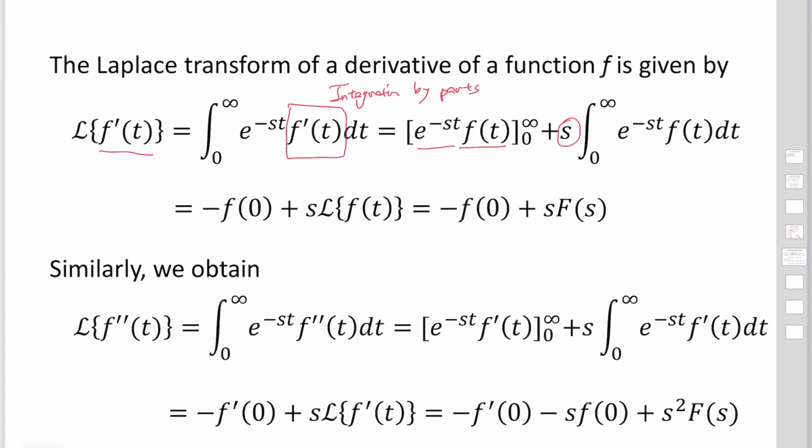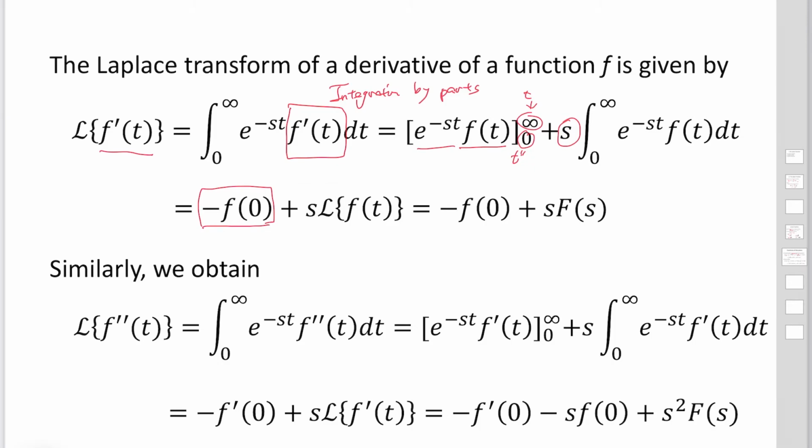And then if you substitute t equal infinity, the exponential minus st approaches 0, so it's going to be 0. If you substitute t equals 0, it becomes negative f(0). So from the first term, you have a single term of negative f(0).